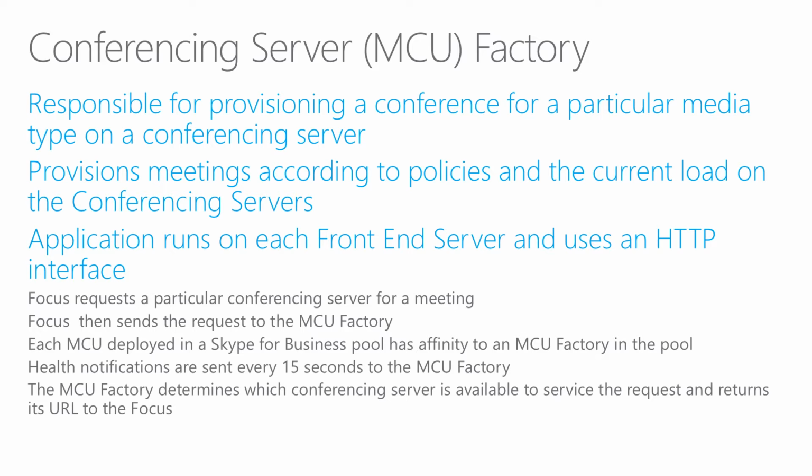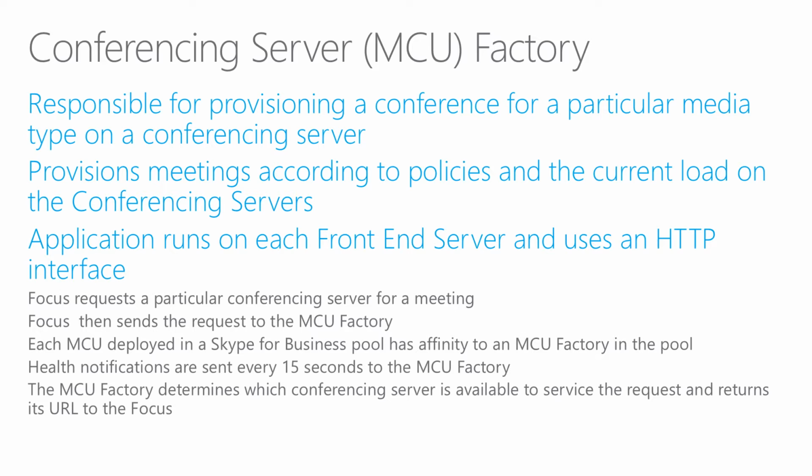So let's talk about an example so we can have a better understanding of the role the conferencing server factory plays. Imagine a scenario where a user is in a conference and they decide to add audio and video. The user would then send that request to the focus. The focus would then send a request for an AV MCU to the conferencing server factory.